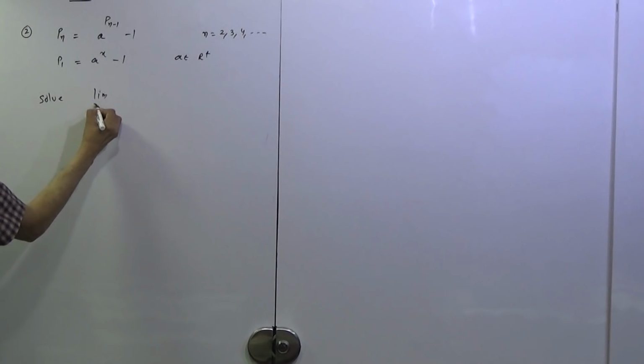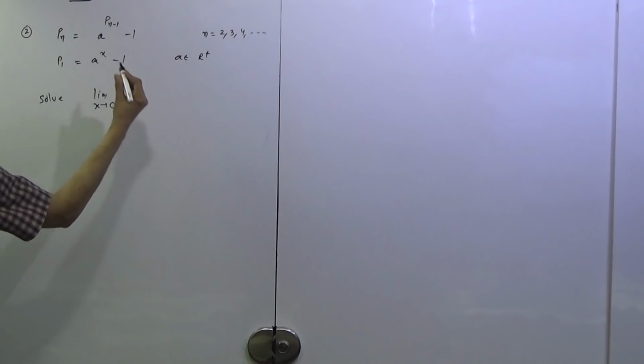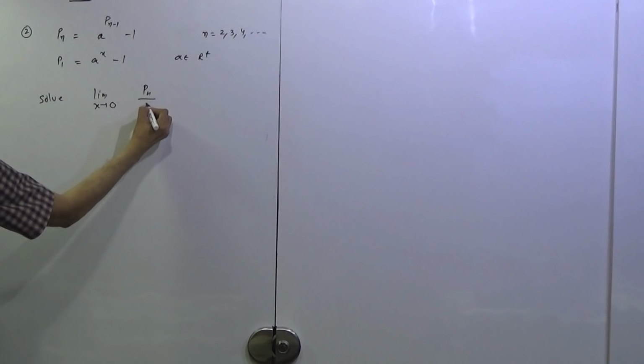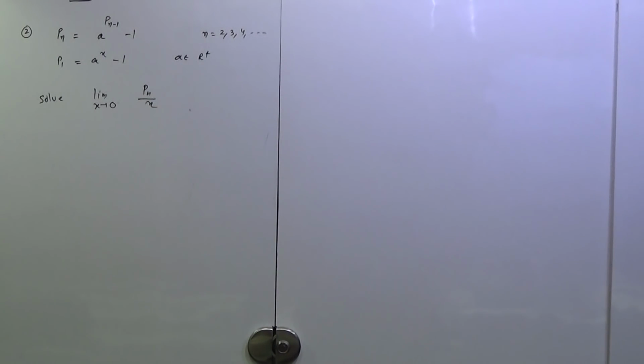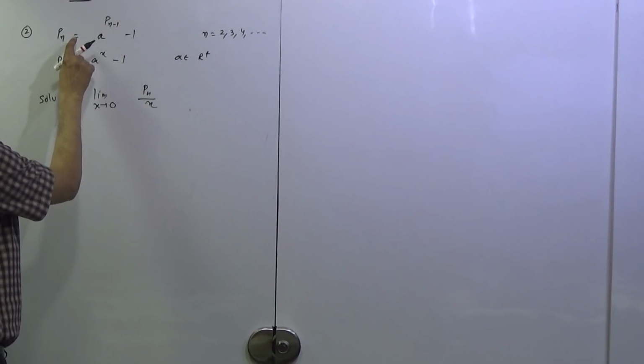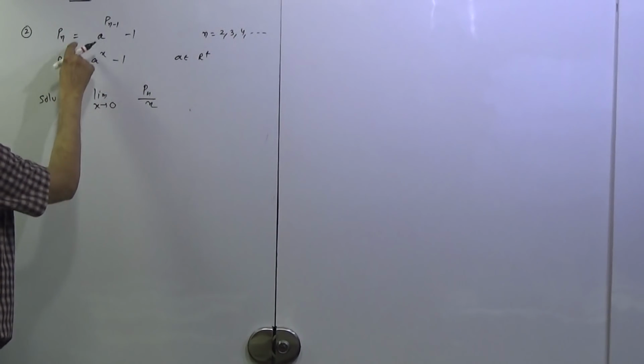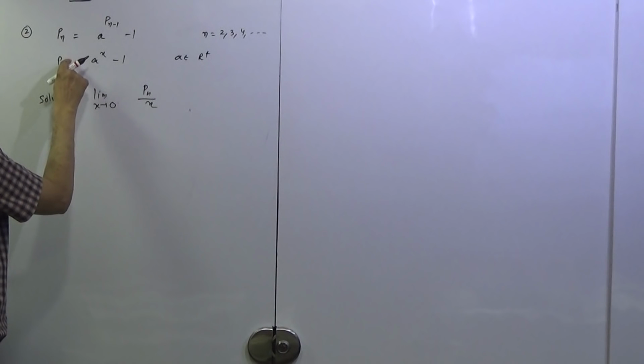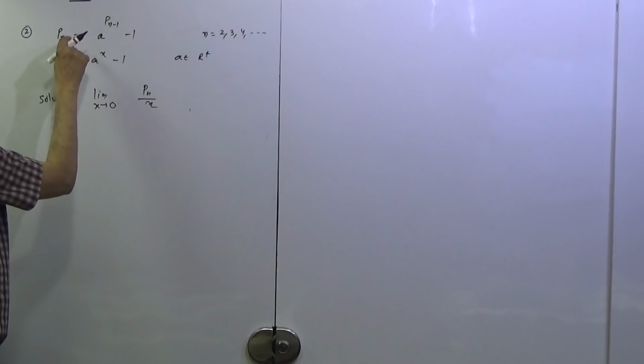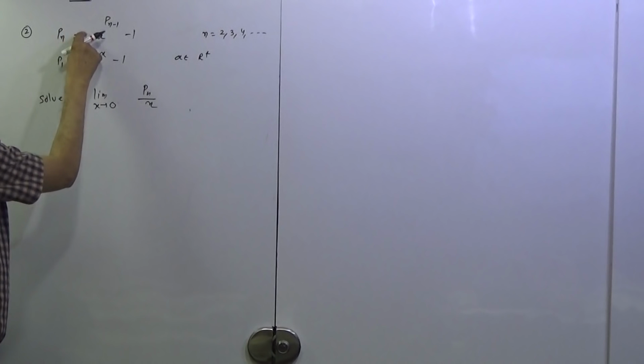limit x tending to 0 of Pn upon x. Now just look at this and this. How can you make some sense related to P1 with this one?